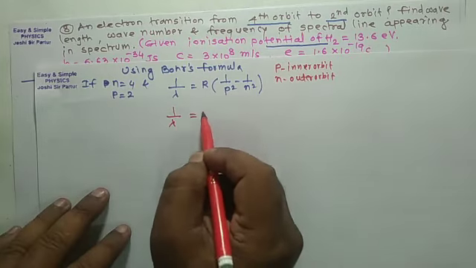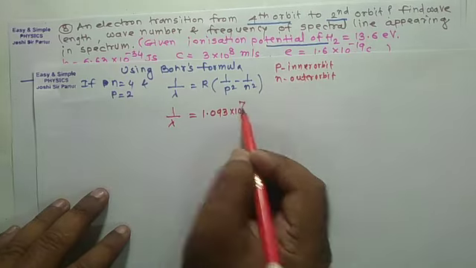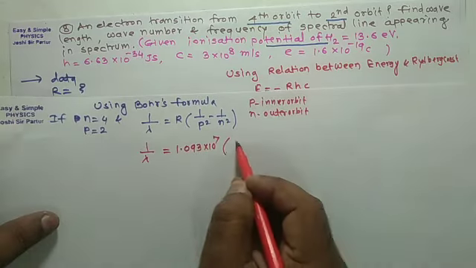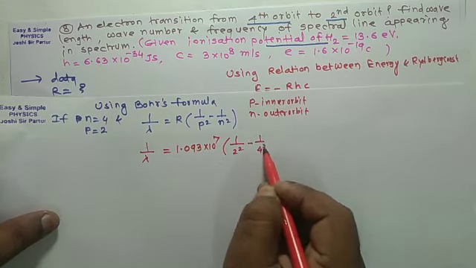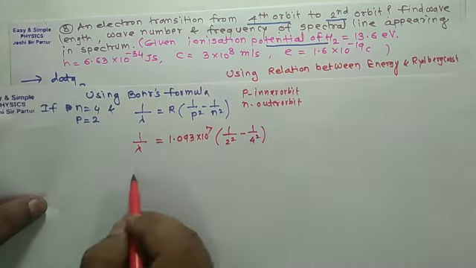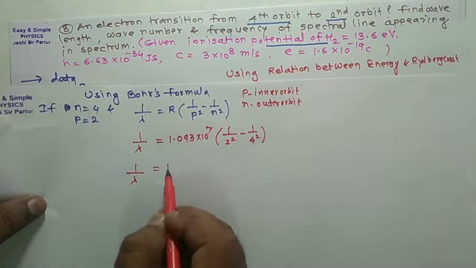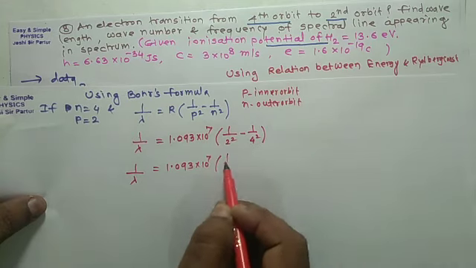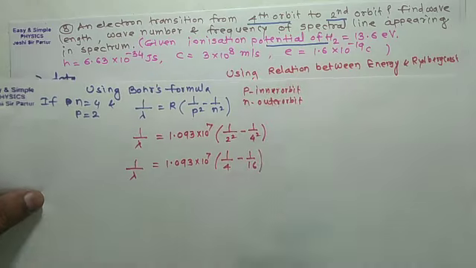Okay, the value is given. 1 upon lambda is equal to 1.093 into 10 raised to 7. See here, 1.093 into 10 raised to 7 in bracket 1 upon 2 square minus 1 upon 4 square. So what happened? 1 upon lambda is equal to 1.093 into 10 raised to 7 in bracket 1 upon 4 minus 1 upon 16.